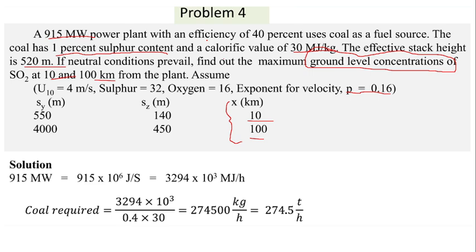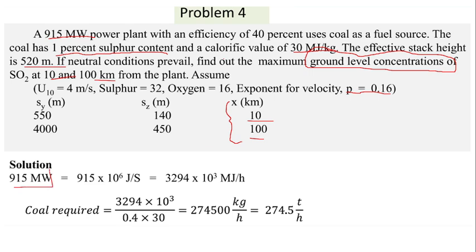The coal has 1% sulfur content and a calorific value of 30 megajoule per kg. The effective stack height is 520 meter. If neutral conditions prevail, find out the maximum ground level concentration of sulfur dioxide at 10 and 100 kilometers from the plant. All the essential data are given.